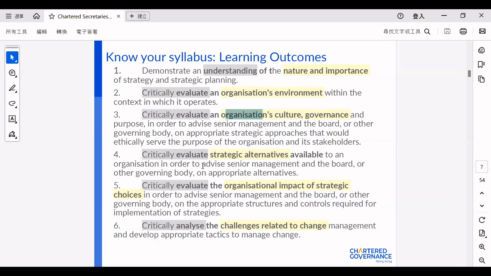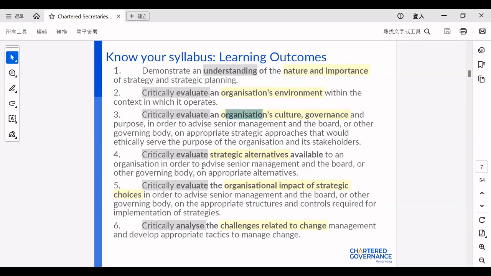When I say reasoning, that means you have to weigh the strategies against different criteria. For example, is it feasible? What are the risks that are involved? When you are assessing the different options, you have to consider the risk, and whether these options align with the company's goal or not.